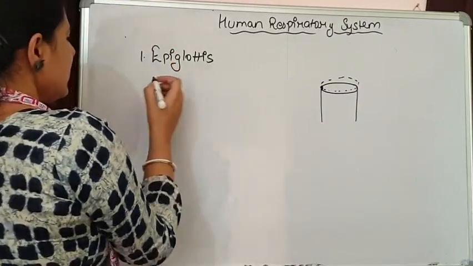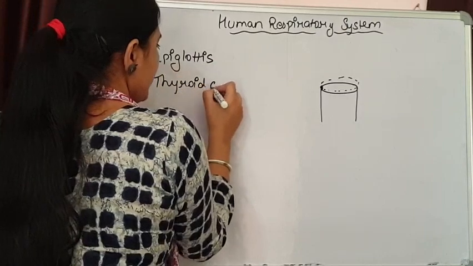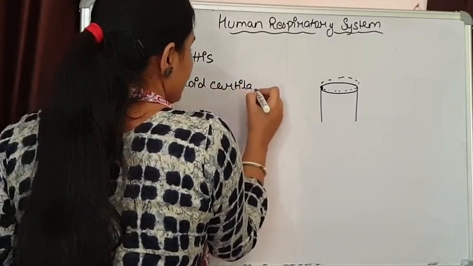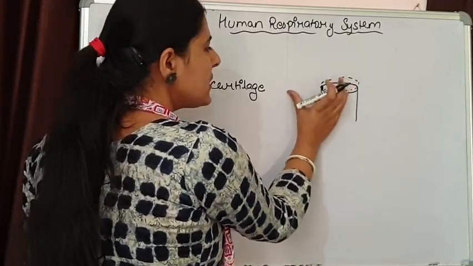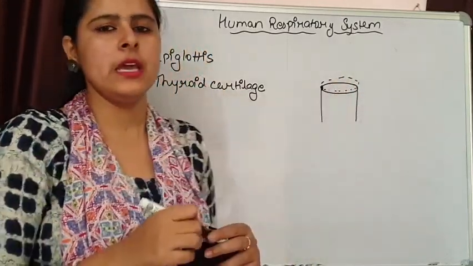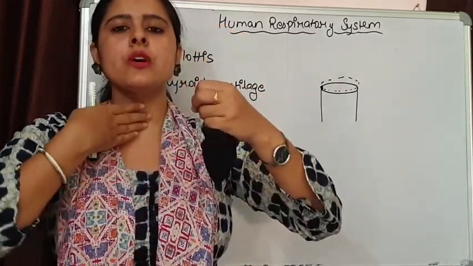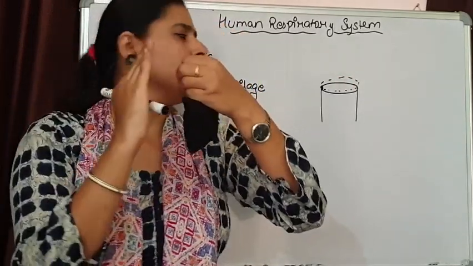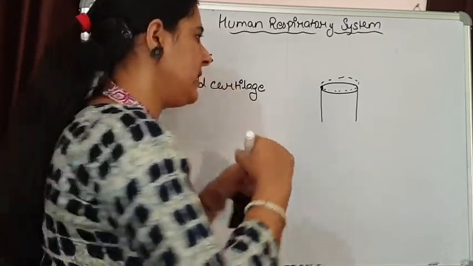The second cartilage that is present over here is the thyroid cartilage. The thyroid cartilage is present all over the front portion of the larynx. If you see the larynx like this, a tubular structure, then all the front region of this larynx will be covered by thyroid cartilage.